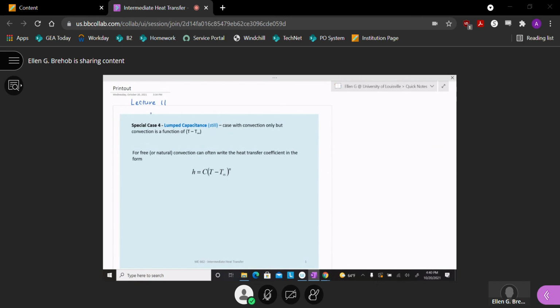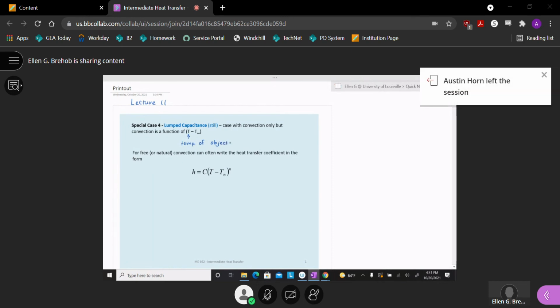So, previously case 1 was convection only, but h was constant, and now we can allow h to vary. But it only varies as the temperature of the object minus the free stream temperature.